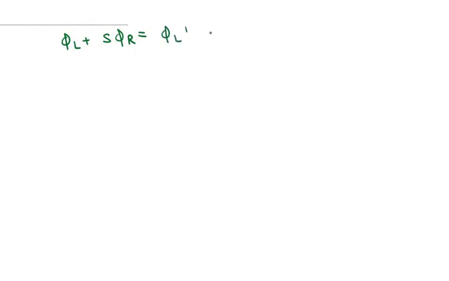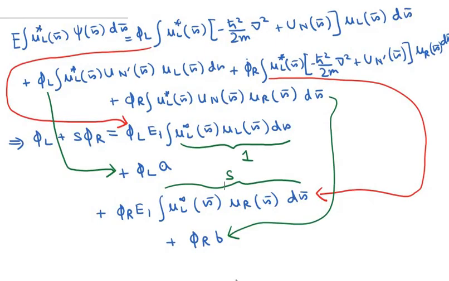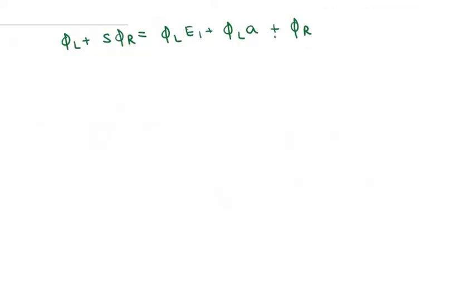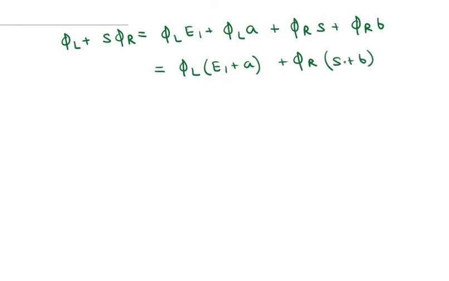Phi L E1 plus phi L A plus phi R S plus phi R B, which is equal to phi L (E1 plus A) plus phi R (E1 S plus B).